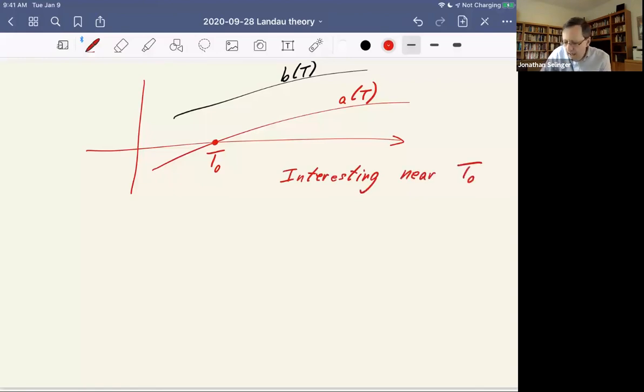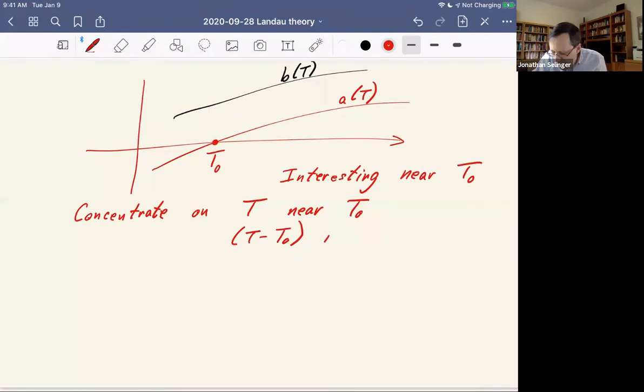So let's suppose that we're going to concentrate on temperature near T0. That is to say that T minus T0 is small.